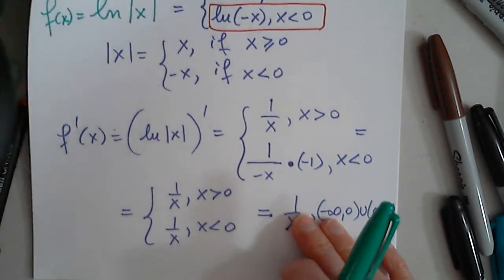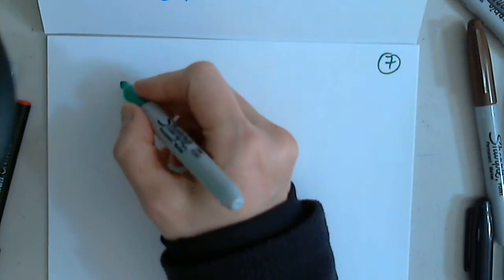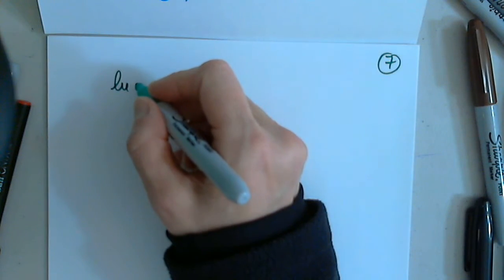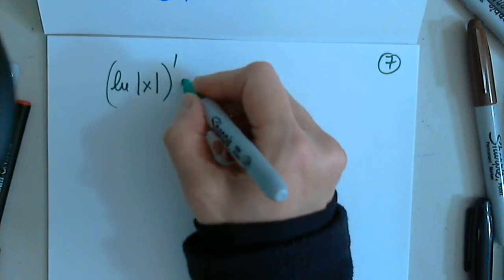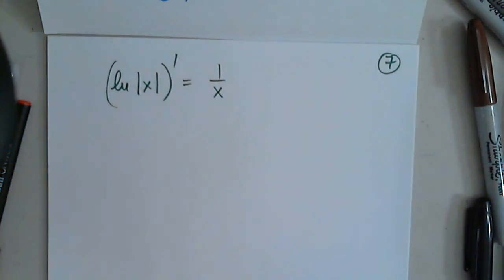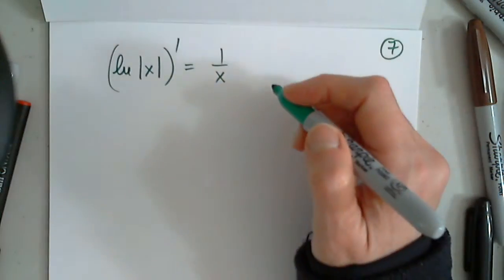And please remember, I'm going to write here our conclusion after discussing the natural log of absolute value. So, natural log of the absolute value of x prime is 1 over x. Why is this so important?